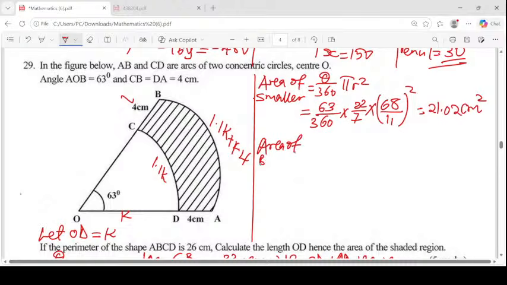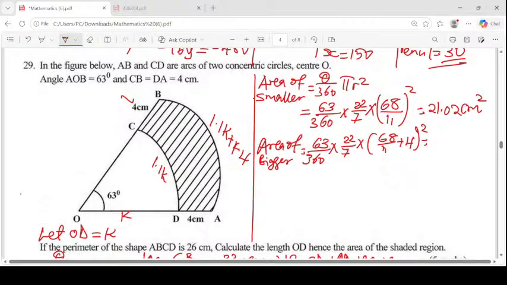Then let's also calculate now the area of the bigger sector. Still it is theta, which is 63 over 360 multiplied by pi, 22 over 7, by the radius. The radius will be now K plus 4. So this is like saying 68 over 11 plus this 4 of AD. Then you square it. So first I'll get 68 over 11 plus 4.